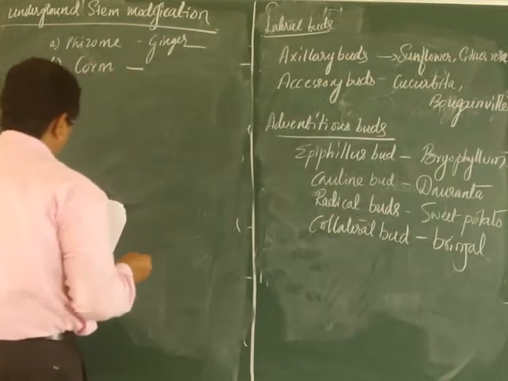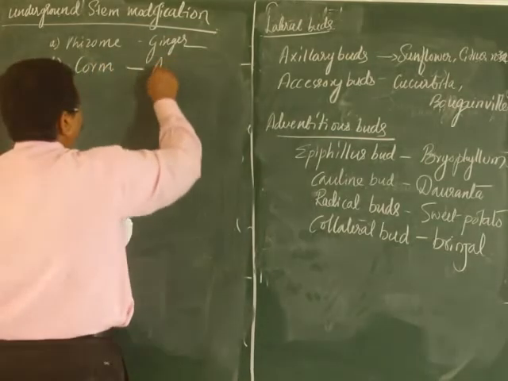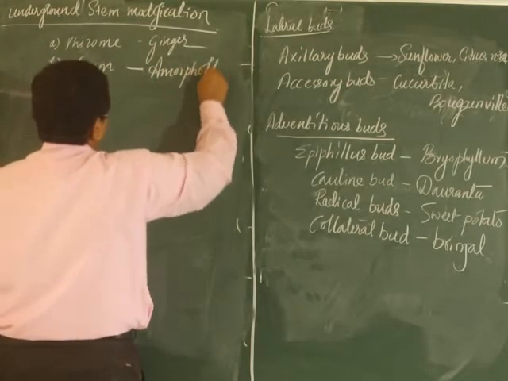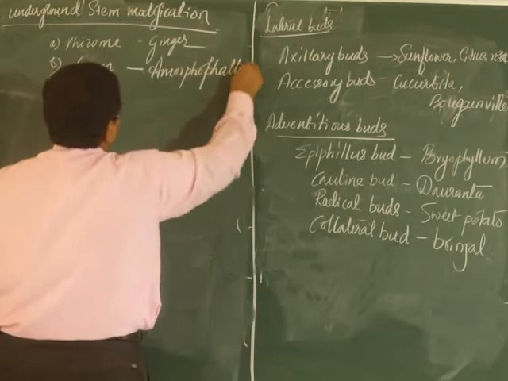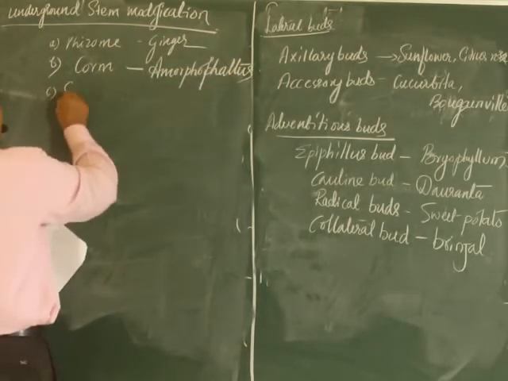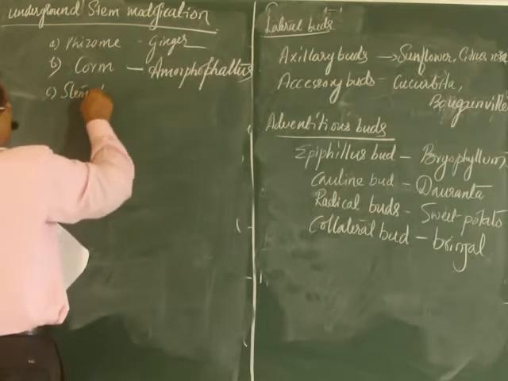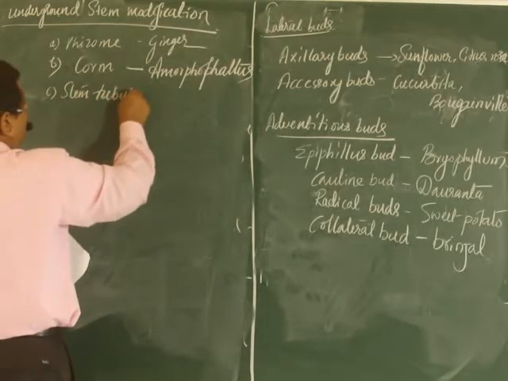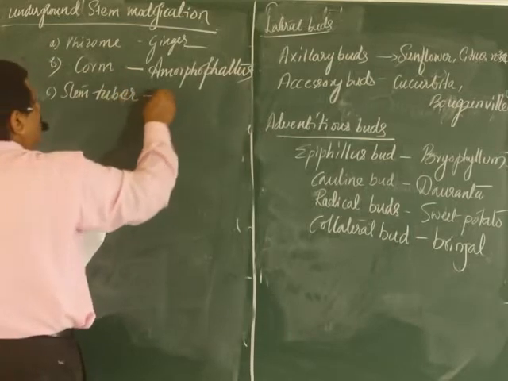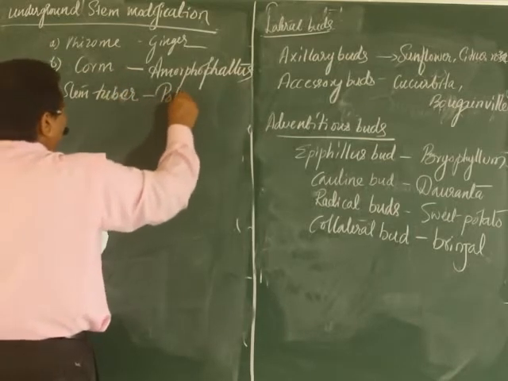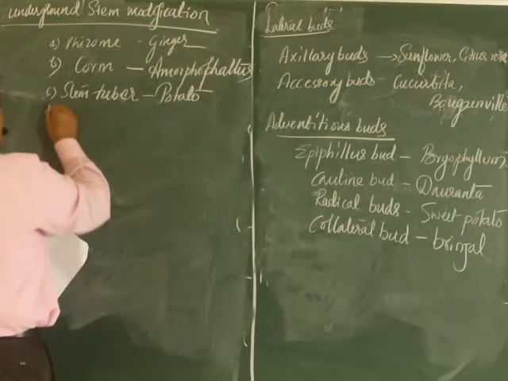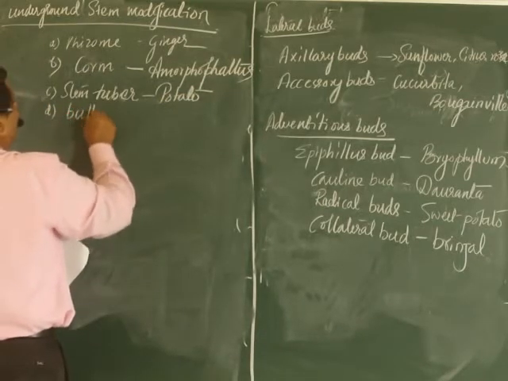It is in Amorphophallus. Stem tuber. Potato. Bulb. Onion.